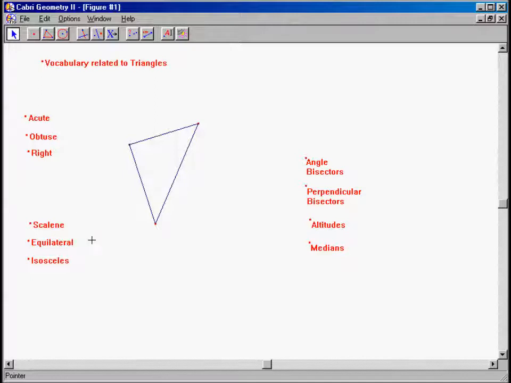The other way triangles are classified is by focusing on their sides. Scalene means that they're all different sizes. Look, this one has one long, this is Papa Bear, medium, Mama Bear, and Baby Bear. Scalene, they're all different sizes.